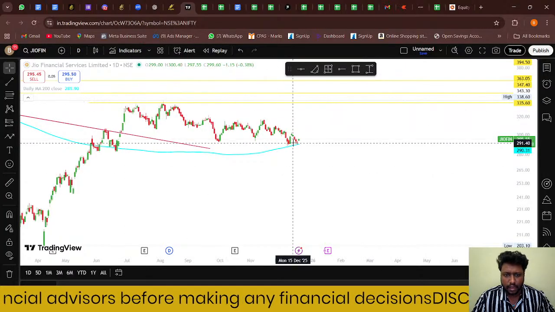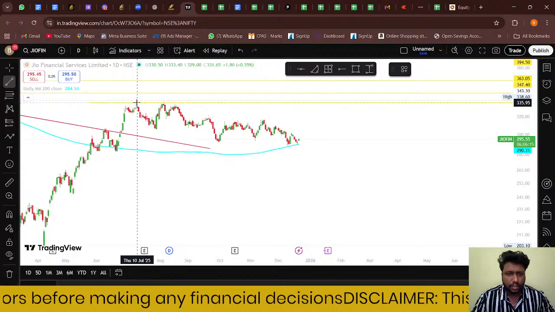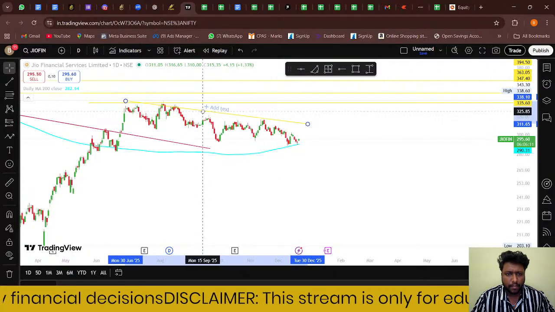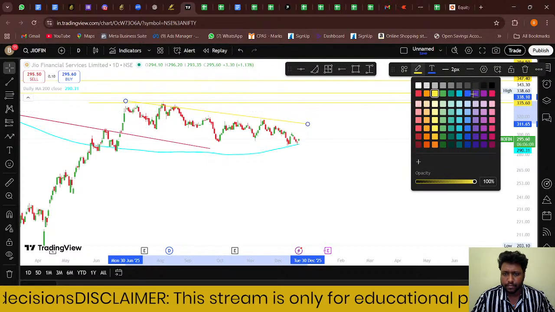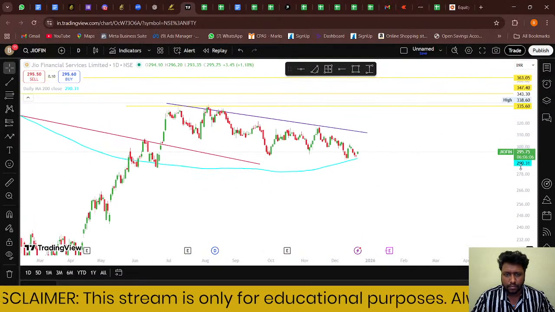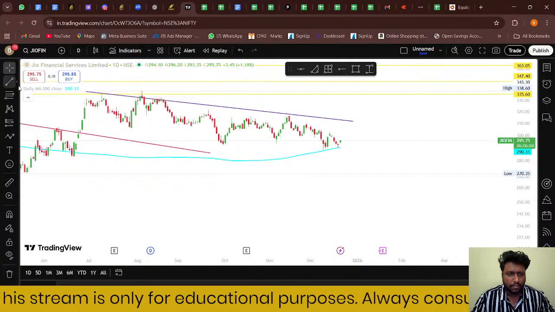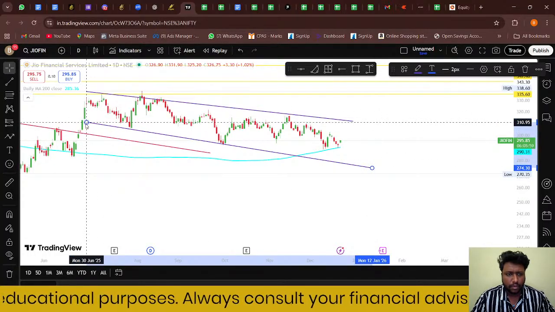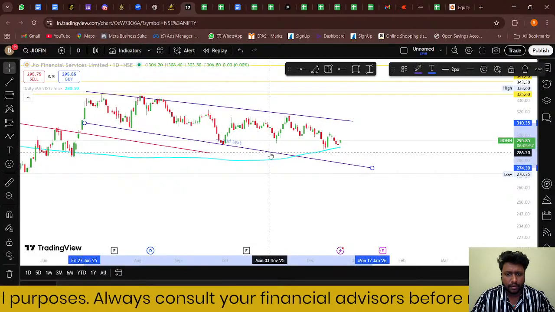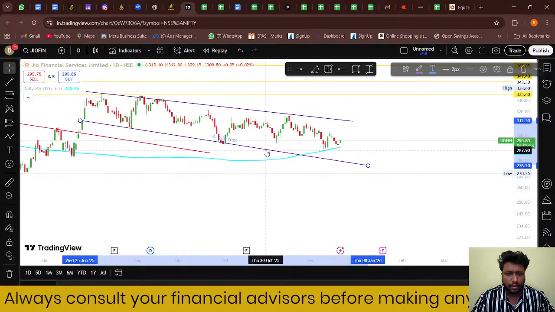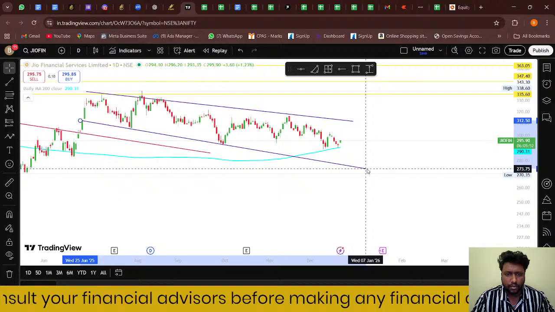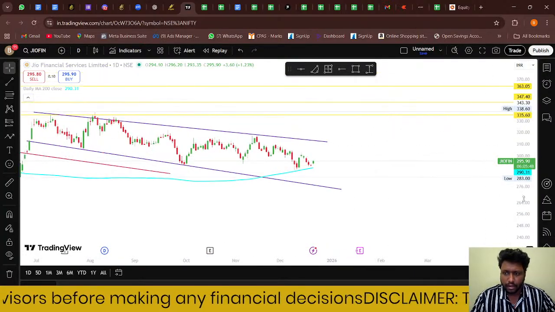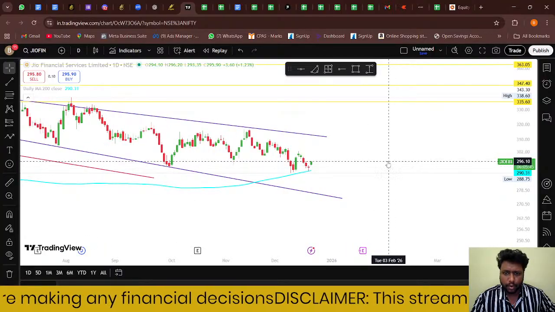It's a slight falling channel type pattern, but we are not getting it in the 1 day time frame, we are getting only 2 points over here. But we'll wait for Jio Fin to get a proper swing setup.